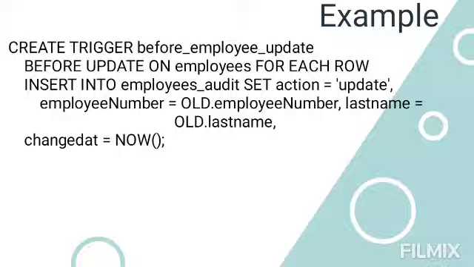Here I use two tables, employee and an employee audit table. When there is any change in the employee table, the changing details are stored in the employee audit table. The audit table contains only action, employee number and the employee name, then changing date. These are the fields in the employee audit table.